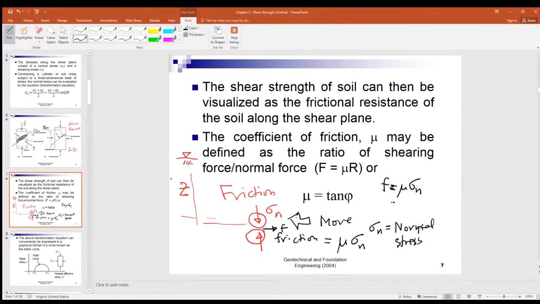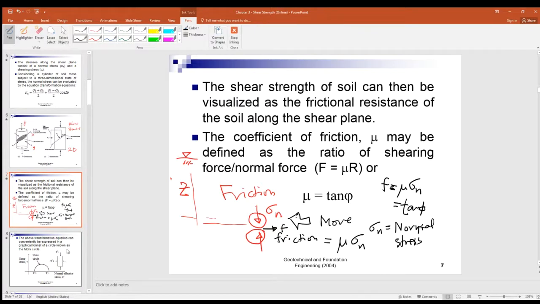But mu is a friction coefficient, and we want to use tangent phi to represent the mu. That is the friction angle, angle of internal friction.